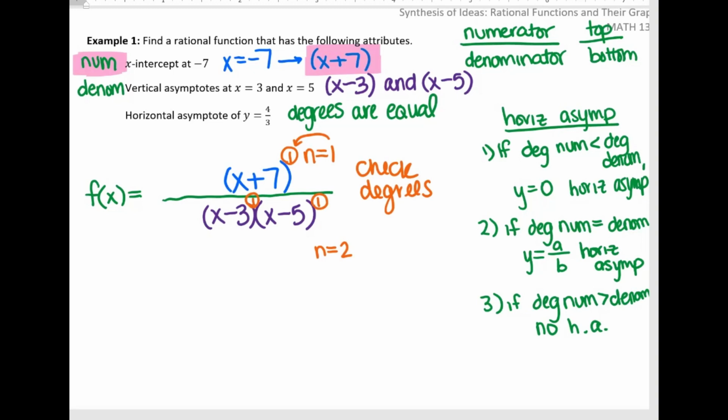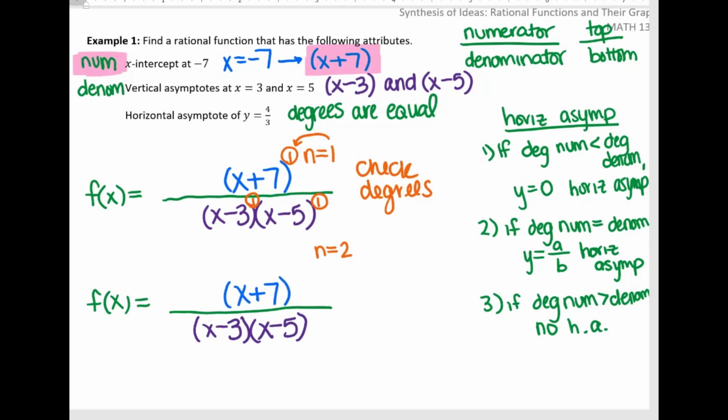So what we're going to do is get clever. We're going to take our function and change the degree of our numerator to be 2. But we can't add in any new numbers for our x-intercepts. So we're going to take our x plus 7 and say, hey, we need a 2, so you're going to be a square now.